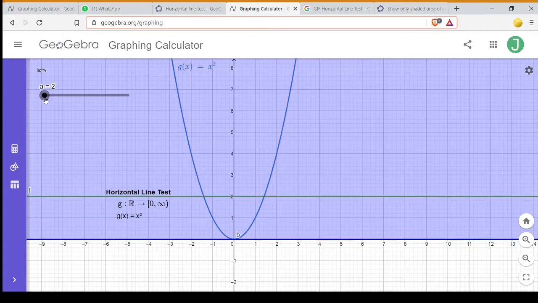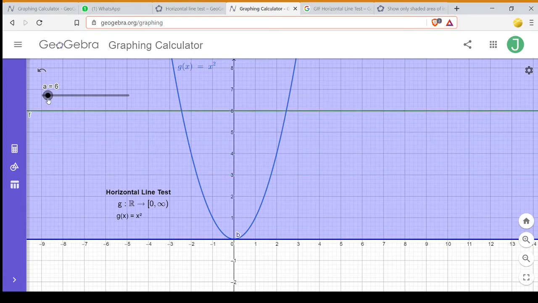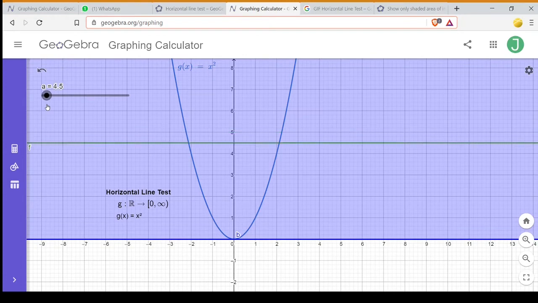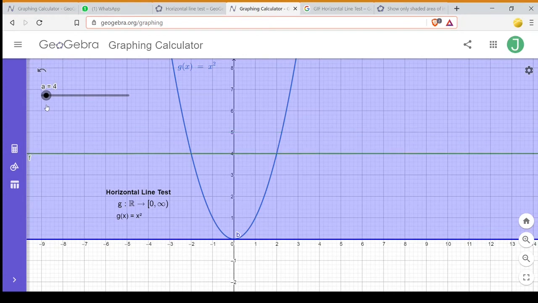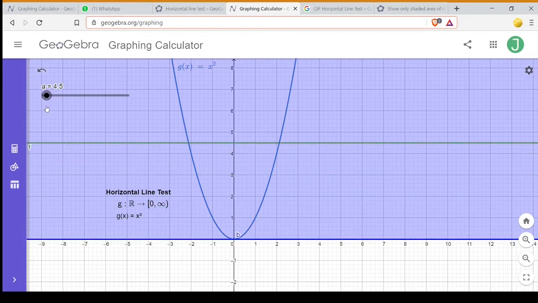Now, when you're moving up, you can see that it touches the graph at least once. No matter how high you take it, it touches the graph at least once. Therefore, we can say that this particular function g is onto.